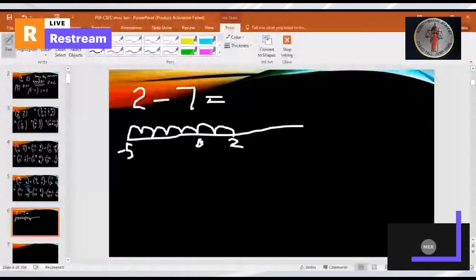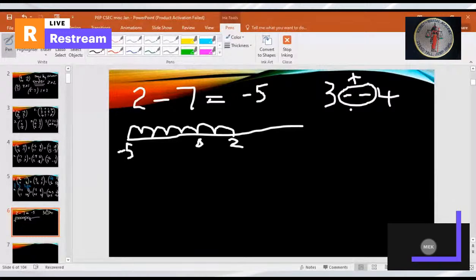3 minus 4. When we have a minus negative in the middle here, we treat it as adding. 3 minus negative 4 is the same as saying 3 plus 4.